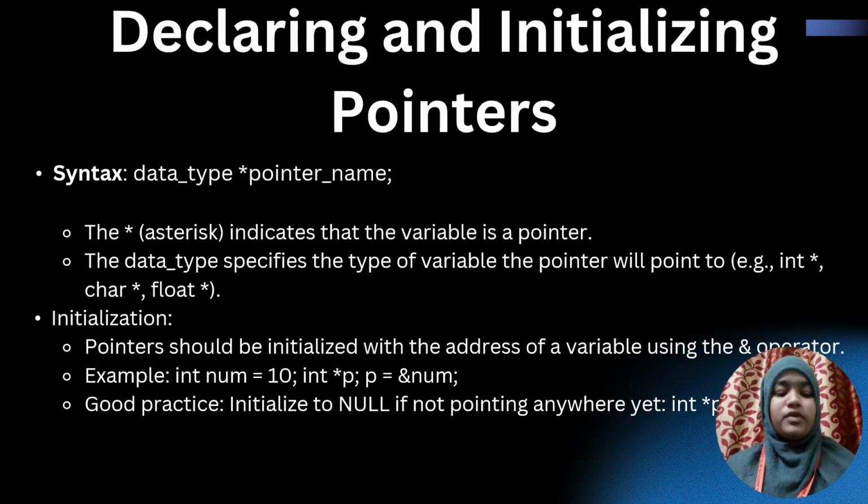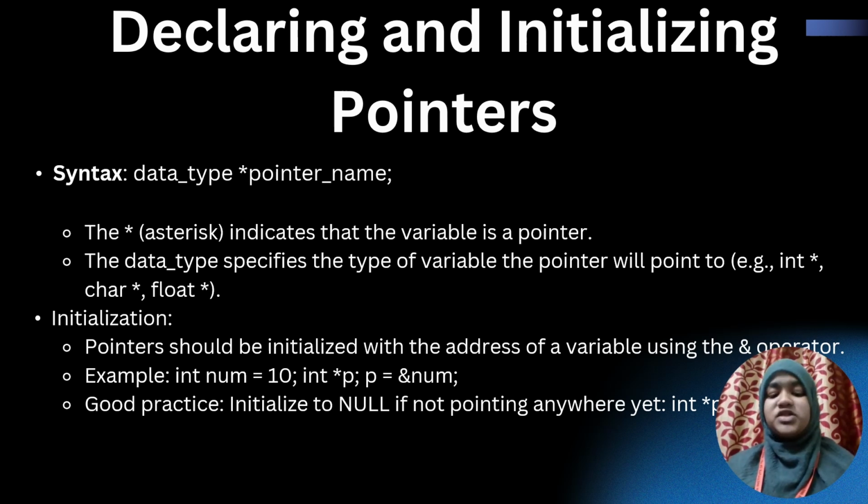And now next, we will see declaring and initializing pointers. Declaring a pointer requires a specific syntax. We use the data type it will point to, followed by an asterisk and the pointer name. The syntax is data type, asterisk, and pointer name. The asterisk indicates that the variable is a pointer.